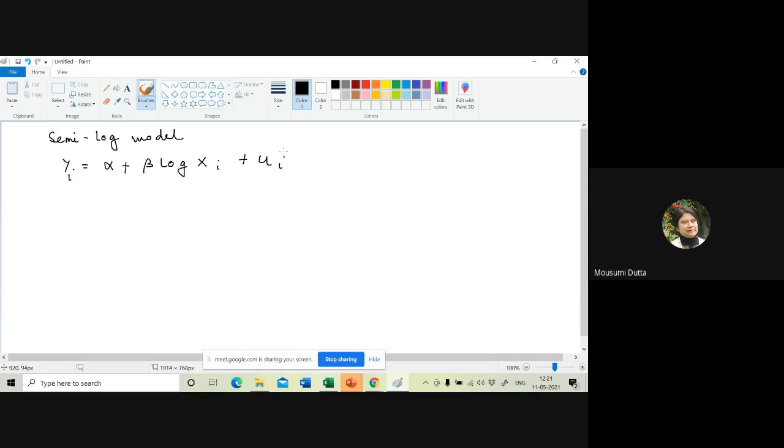So it will become the elasticity value. Here that context is not appearing because y we are not transforming in terms of log, y we are keeping as it is. However, we are making a logarithmic transformation of x.